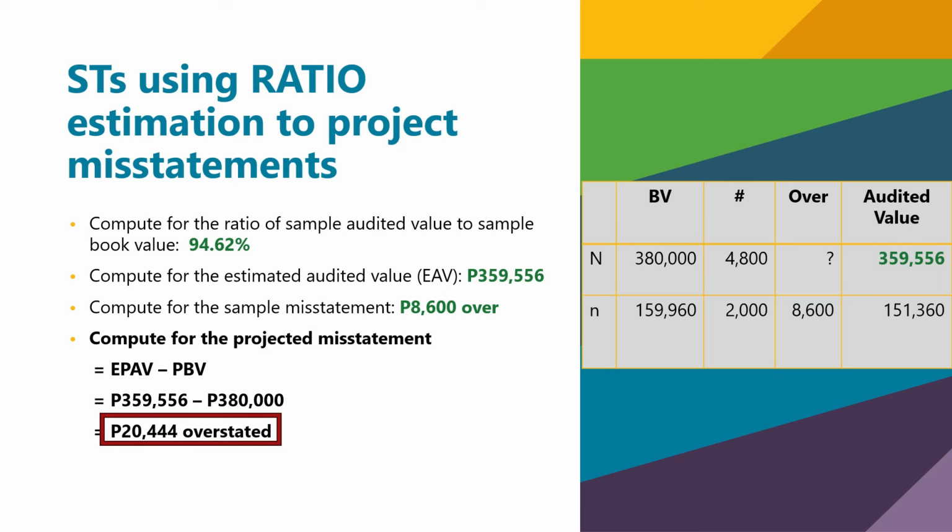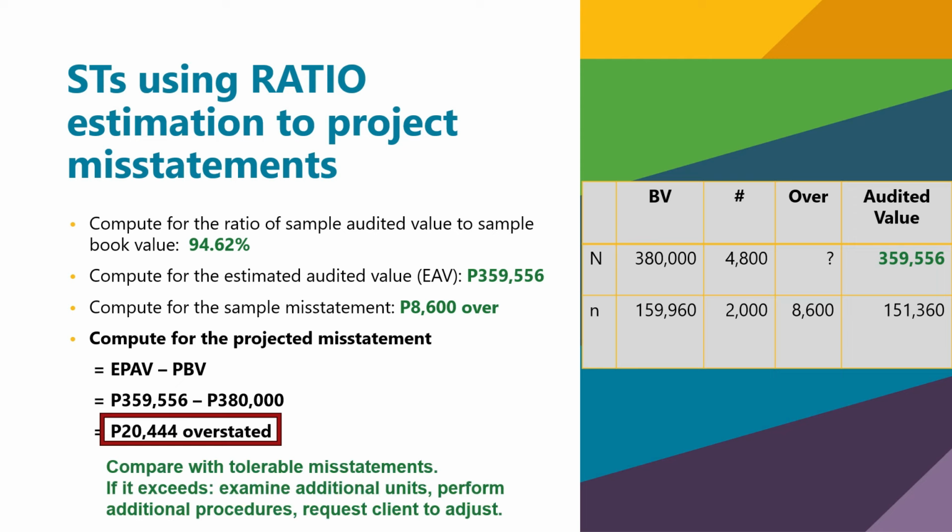Now, the 20,444 overstatement is what we will compare to our tolerable misstatement, which unfortunately is not provided in our illustration. But the idea is that you get the projected misstatement and then compare that with your tolerable misstatement. Imagine the tolerable misstatement to be like your limit or your threshold.